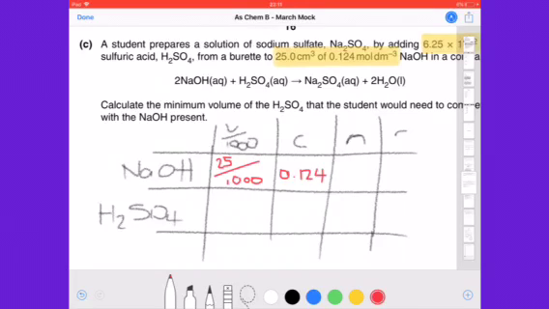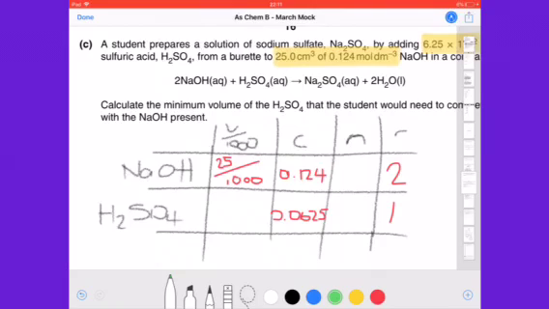And the ratio between the two is 2 sodium hydroxides to 1 H2SO4. Now, we also know that the concentration is 6.25 times 10 to the minus 2, or 0.0625. And we can work from here in order to calculate the moles of sodium hydroxide, the moles of sulfuric acid, and therefore the volume of H2SO4.